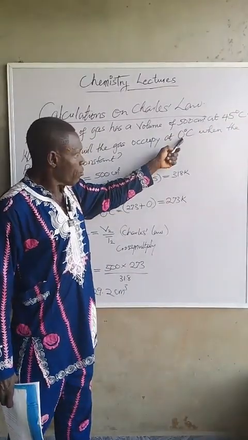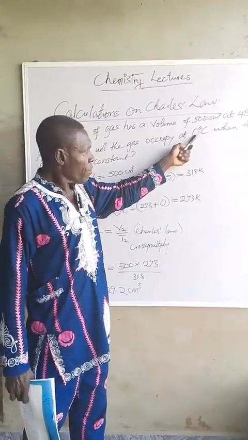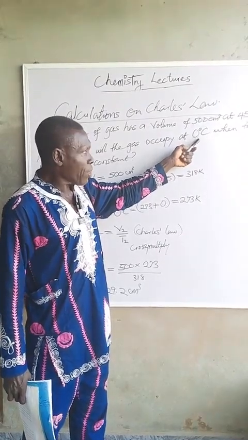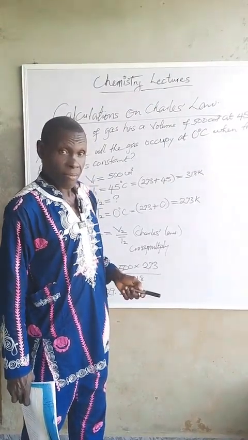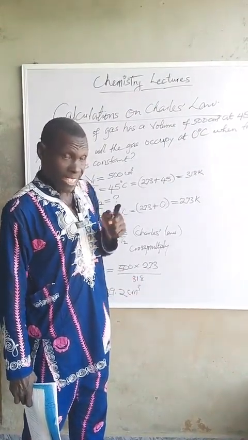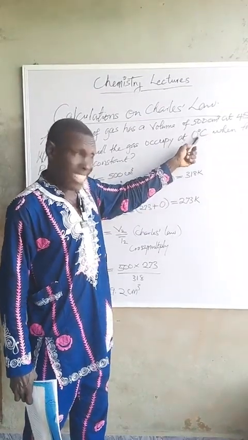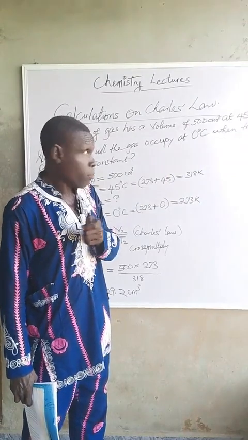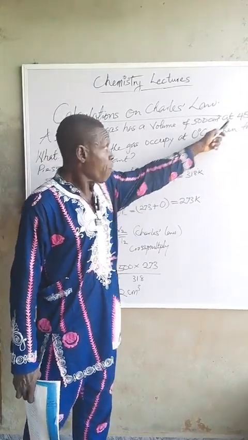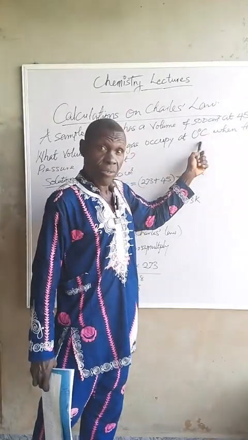Now the temperature is reduced to 0, so the volume you are going to get must be less than 500. The answer from this calculation must be less than 500, because if it is more than 500, you have already got it wrong. The temperature is decreasing from 45 to 0.